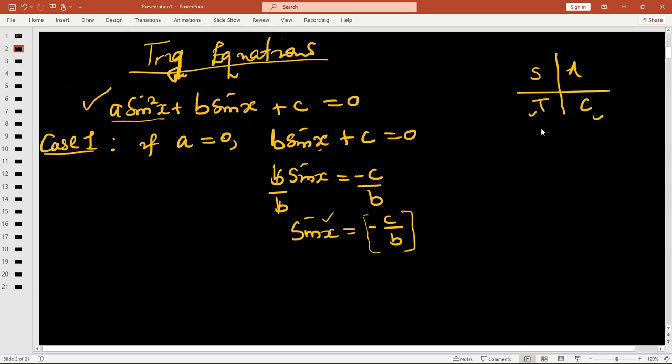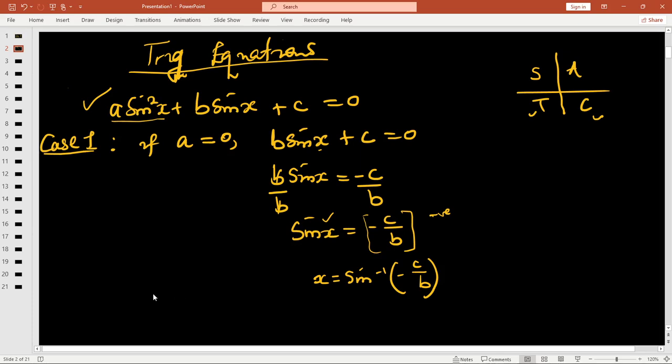So here you can simply say x is equal to sine inverse of negative c over b. Whatever solutions you get, they're supposed to come from the third quadrant and the fourth quadrant, because here we have a negative constant.